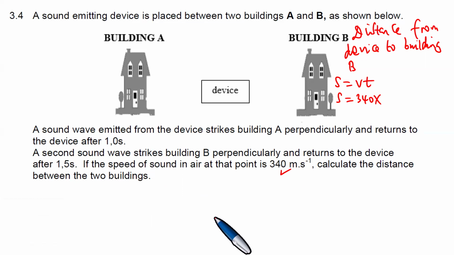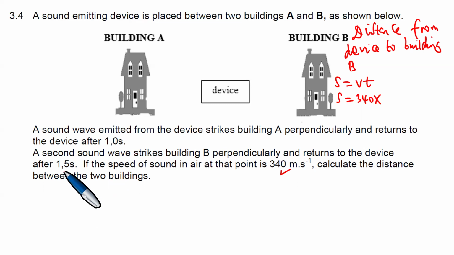Obviously we have a couple of times here, and we need to take note of that. Because a second sound wave now strikes building B perpendicular and returns to the device after 1,5 seconds.